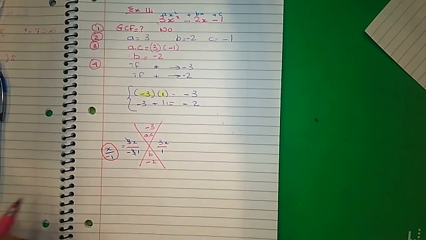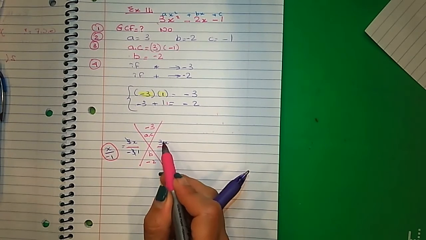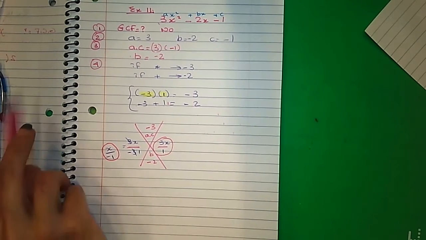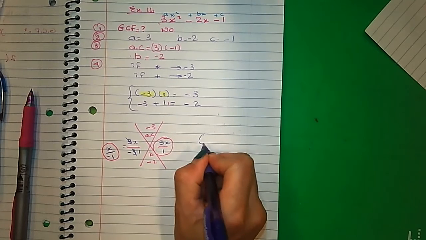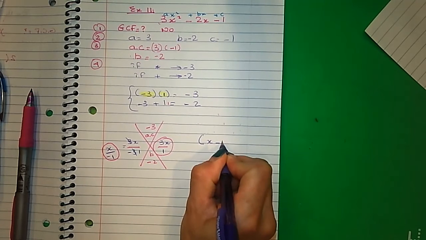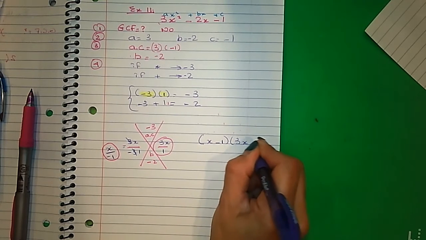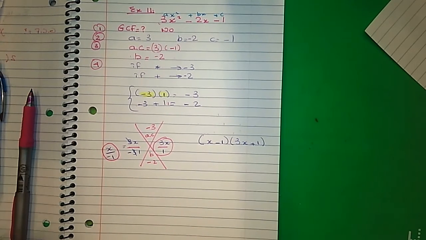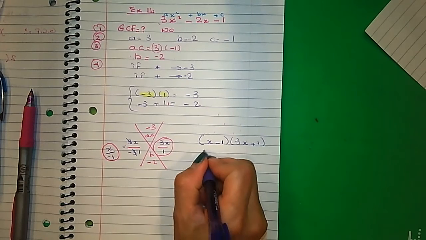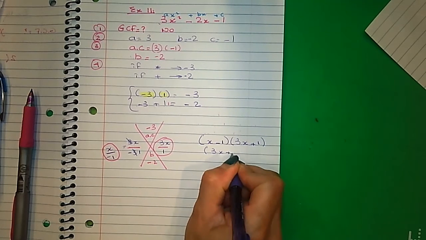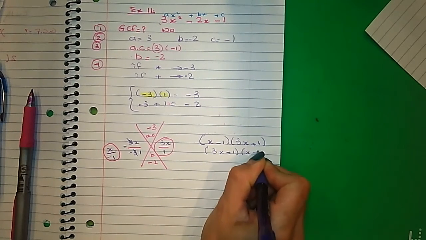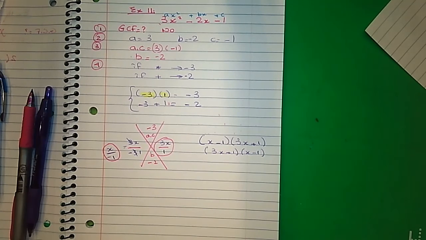So this is my first factor. This cannot be simplified, so this is my other factor. My factors are going to be written in the form of x minus 1 and 3x plus 1, or it could be 3x plus 1 and x minus 1. And this is the factored form.